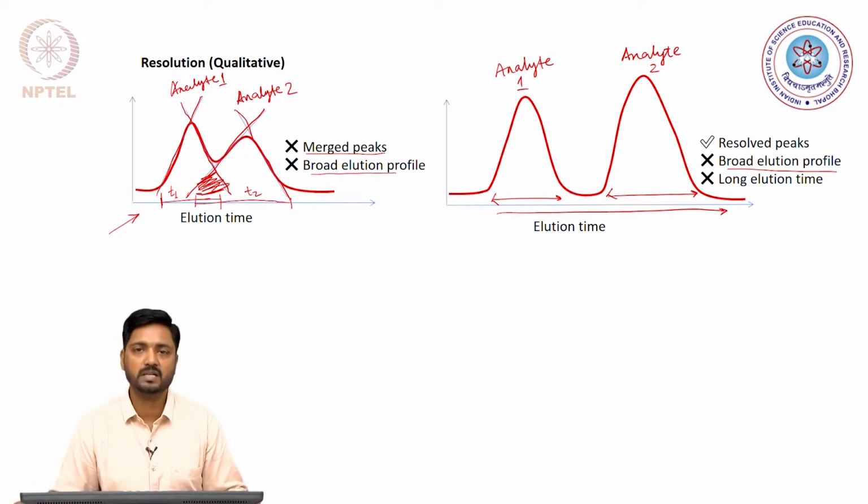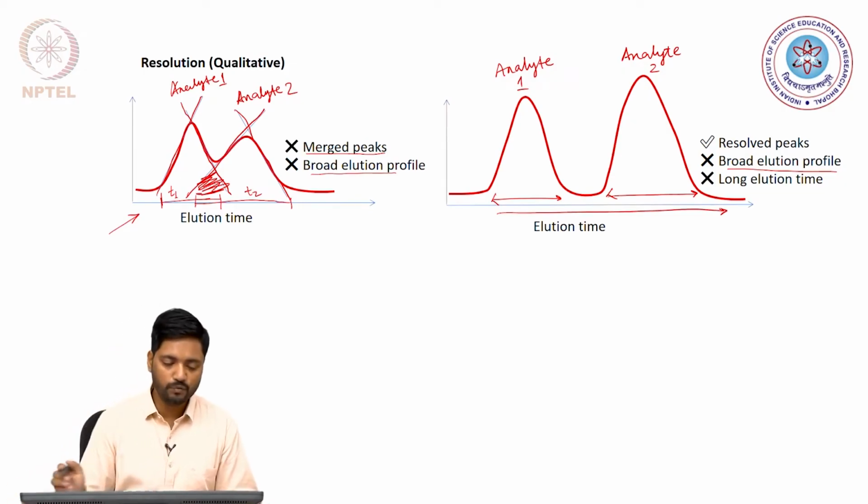And as already described, if an analyte stays too long within the column, it can start undergoing degradation, and we start losing out on the resolution because the peak starts spreading out. And moreover, we will not be able to carry out our chromatography in a fast paced manner.